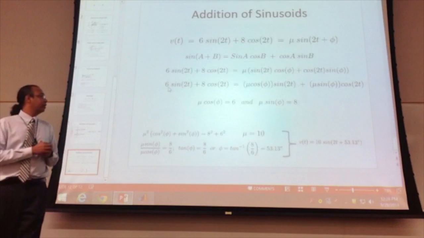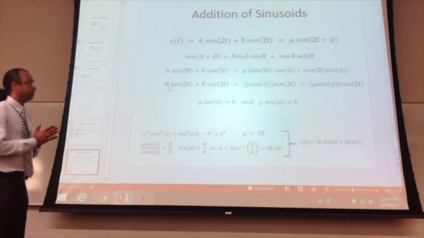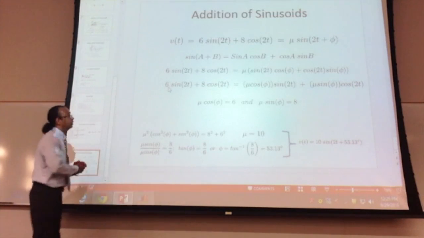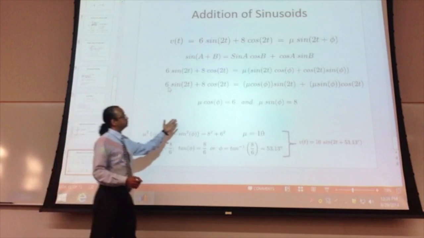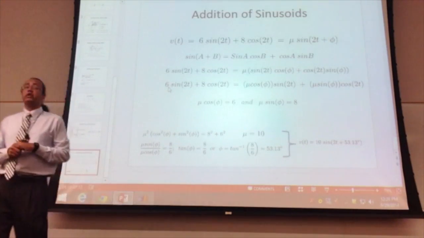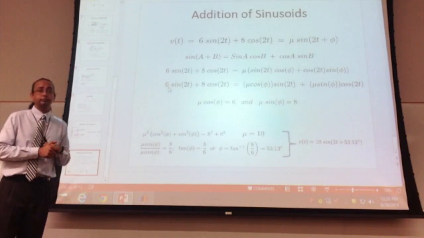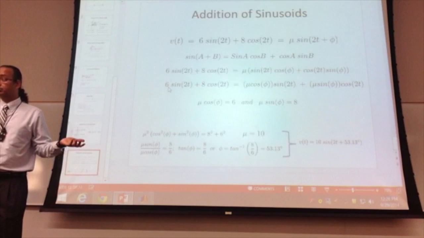Now we have to find phi, or the phase shift of the combined wave. You have two expressions. One is a sine and one is a cosine. What will happen if you divide one by the other? The mu's will cancel out.